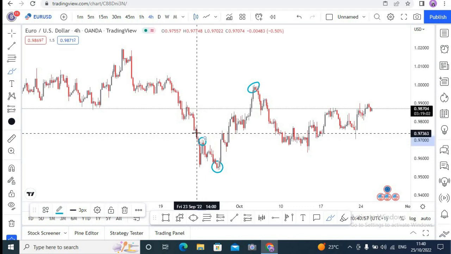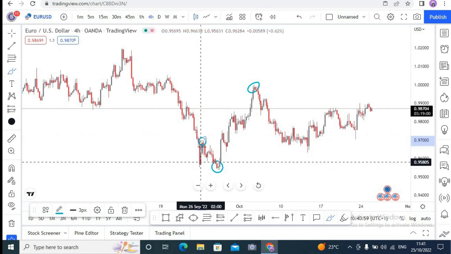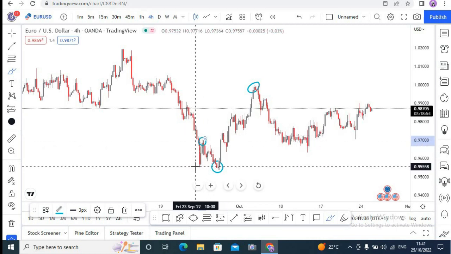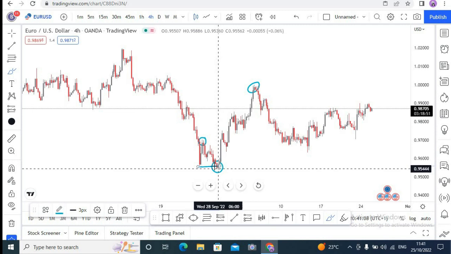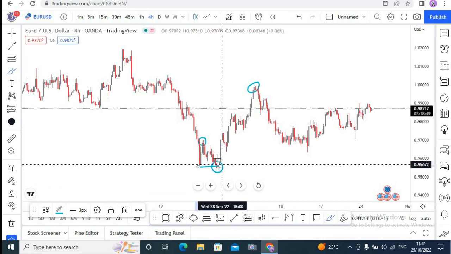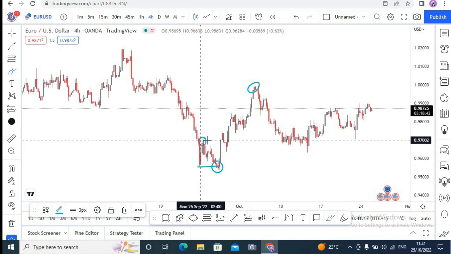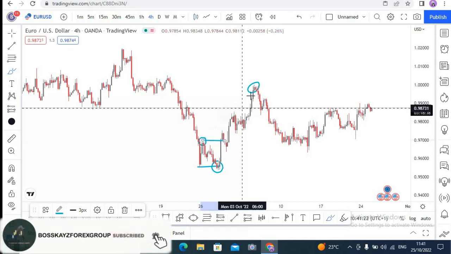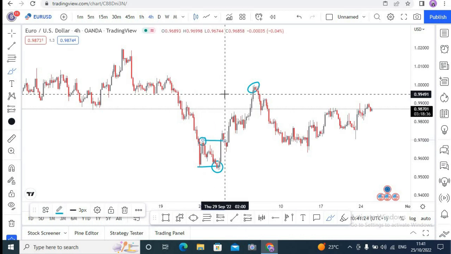The price went to the downside, came back and created a new lower high, and then the price went down, taking out this previous low, creating a new lower low, meaning now we have a new swing low right there. And then the price managed to go up and take out this swing high right there, and then they started going up until they reached a point of interest, which is our supply zone area.